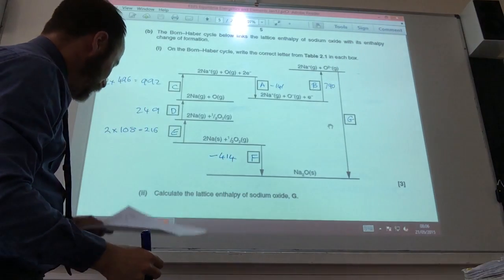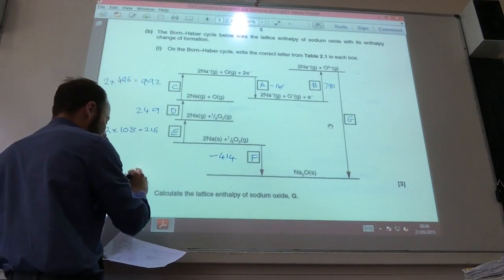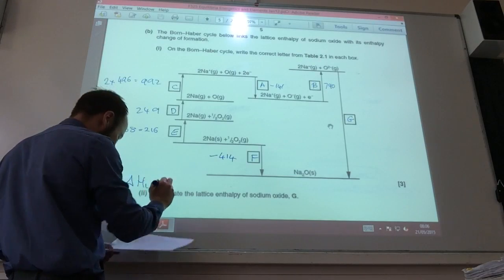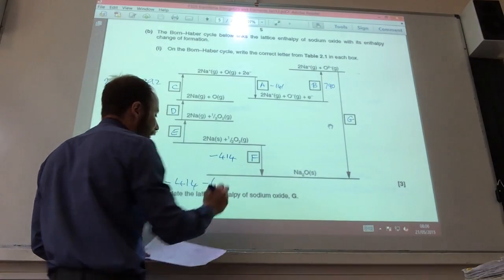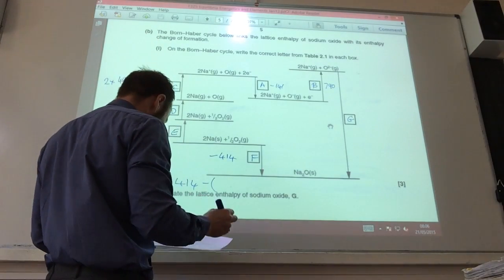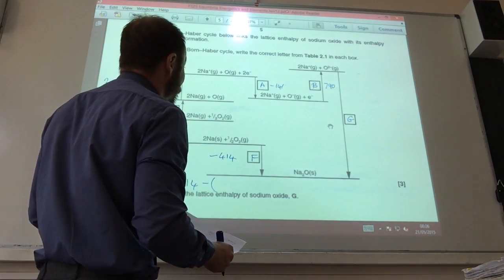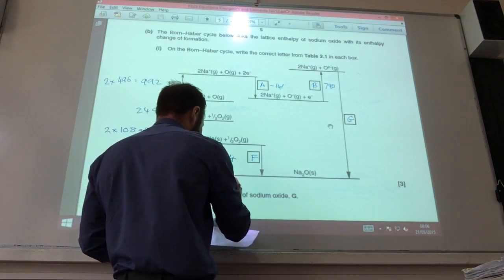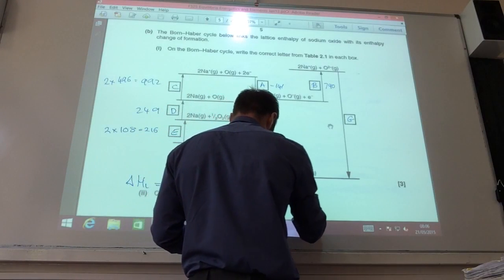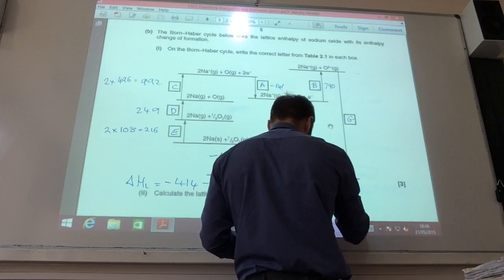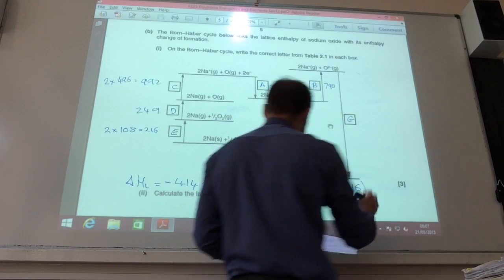414. So if you do that, you should get delta H lattice is equal to that number minus everything else in the brackets. So it's going to be, if I go around, 790, 141 plus 992 plus 249 plus 216.